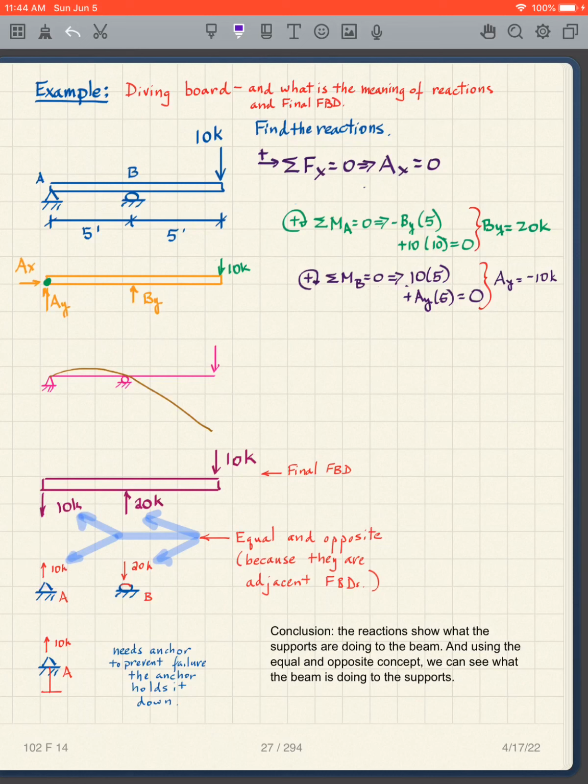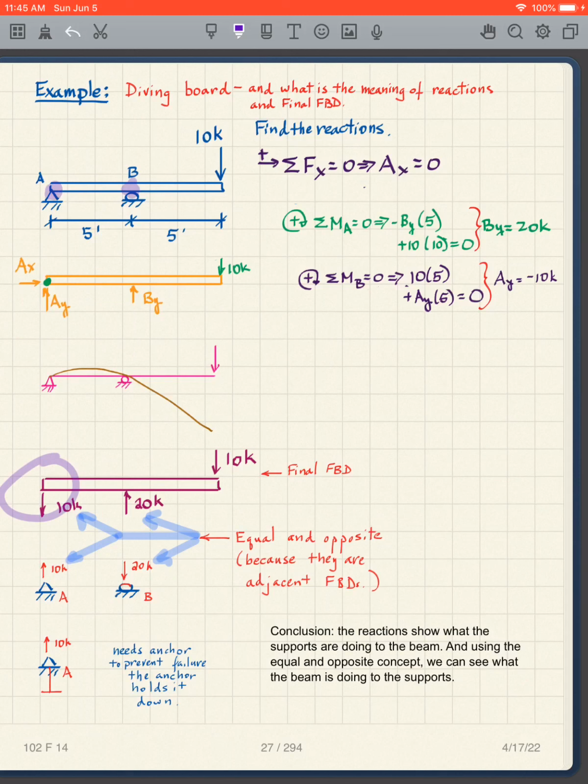Similarly, at the roller, if we were going to make a free body diagram of the roller, this is 20 kips going up, then that's got to be 20 kips going down. Equal and opposite at that particular point. So in other words, I'm looking at point B, I'm looking at point A. If I'm looking at the top free body diagram for point A, that's up here, 10 kips going down.